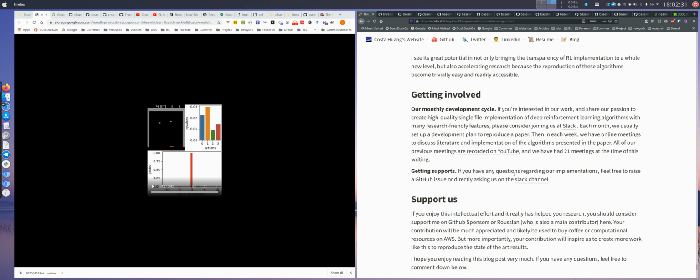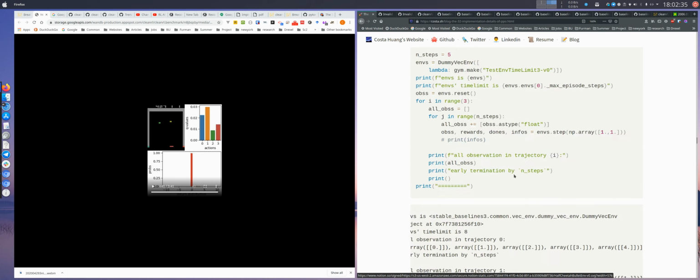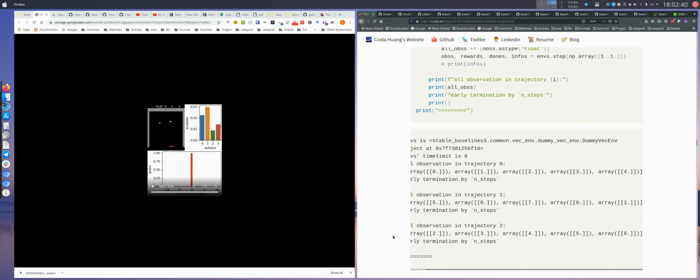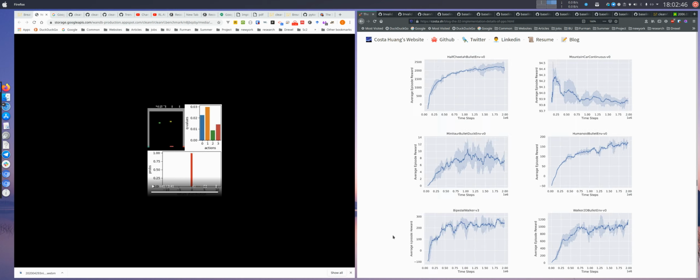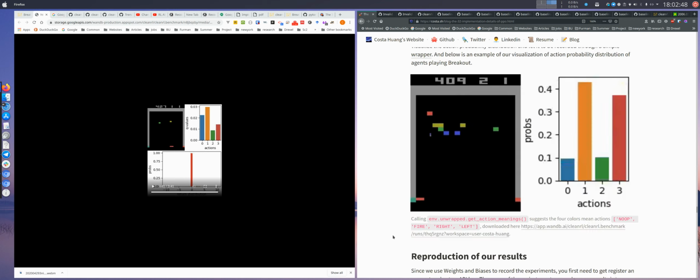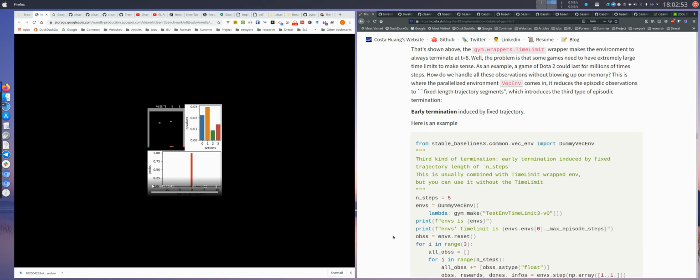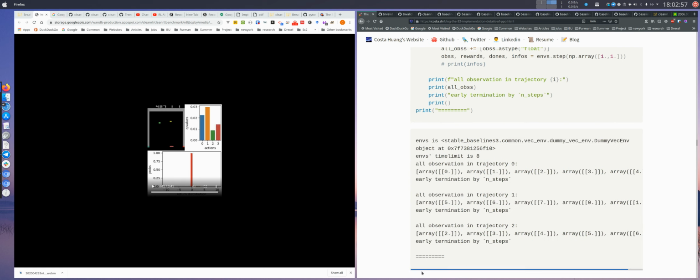It's really a detail. But why would you think the initial state distribution will not change? If there is no bootstrapping, it will not change. But the thing is, if there is bootstrapping, the agent gets the illusion that even if it was early stopped, it's not the real end.